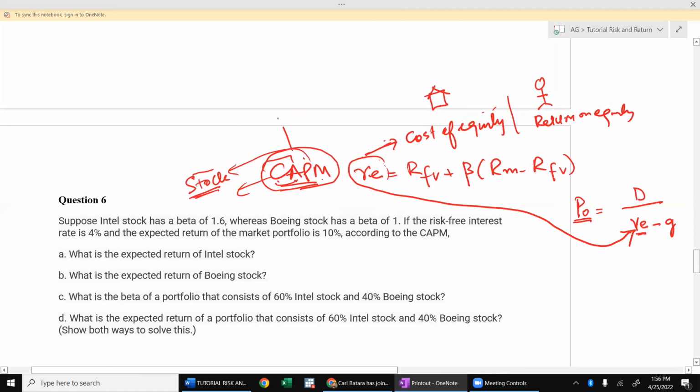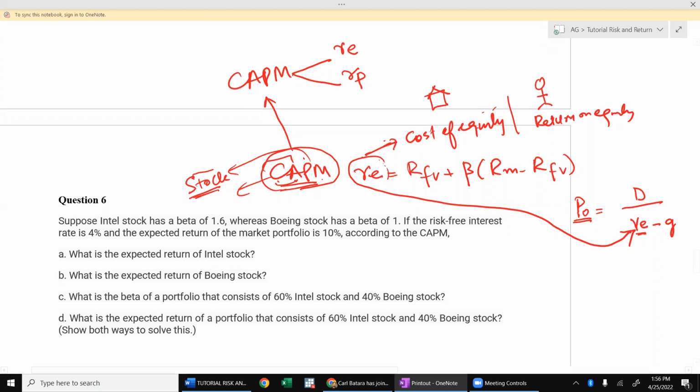This capital asset pricing model can calculate RE, return on equity or cost of equity, for one stock, but it can also be used to calculate the return of the portfolio. This you need to remember.